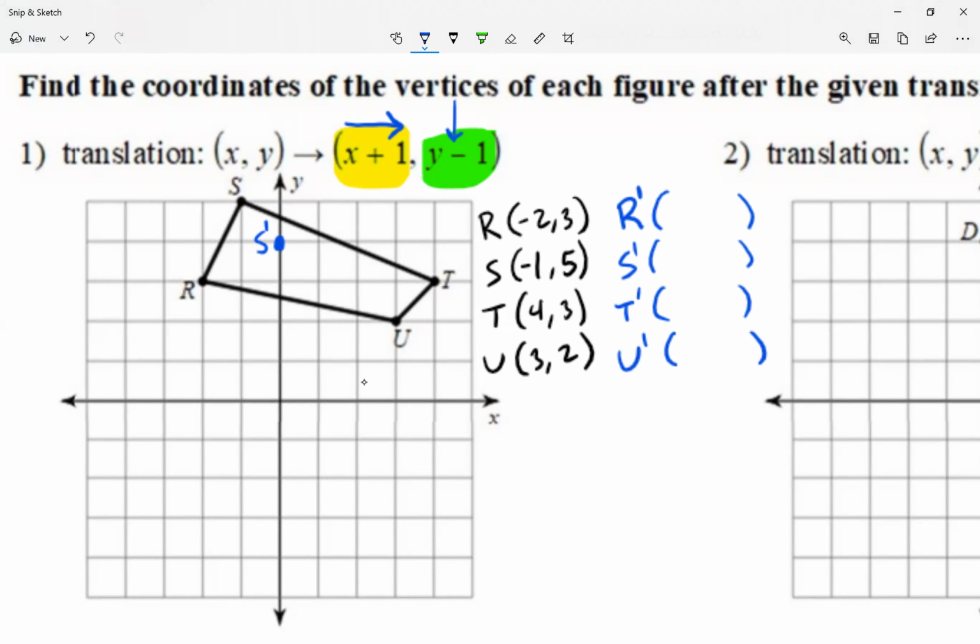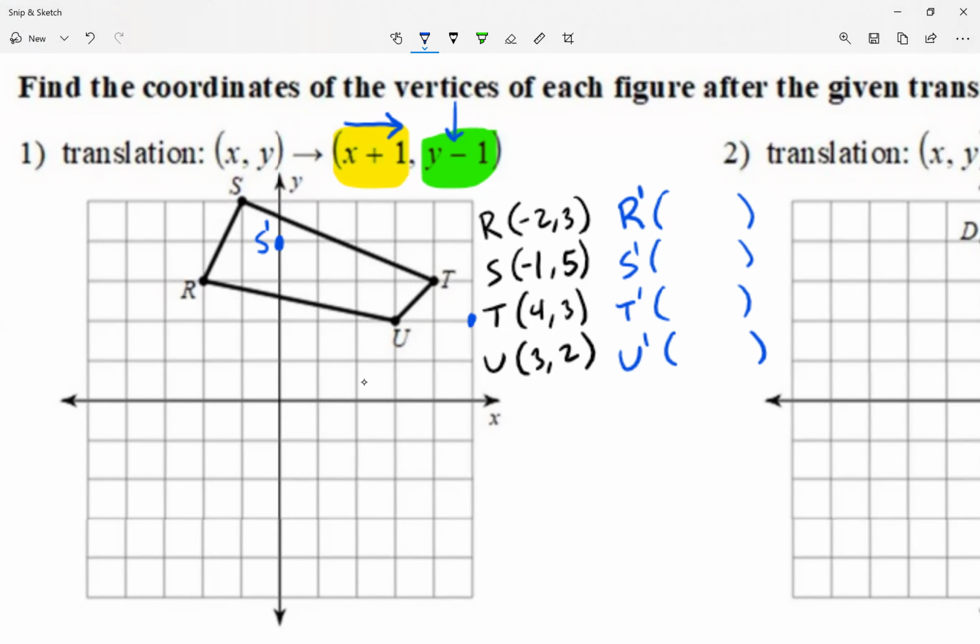Let's take a look at T. Let me move it one space to the right, one space down, and that's going to be my new T prime. The same thing I'm going to do for U, one to the right, one down. That's my U prime. And the same thing I'm going to do for my point R. One space to the right and one space down.